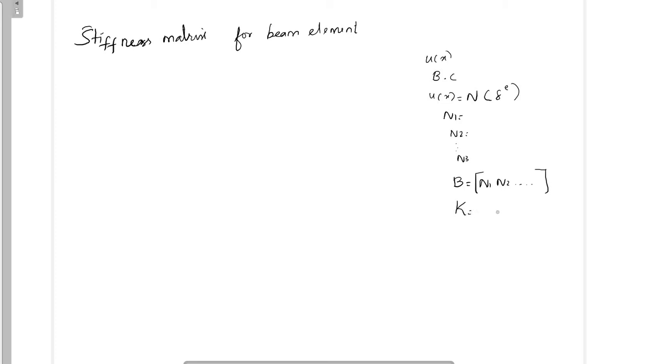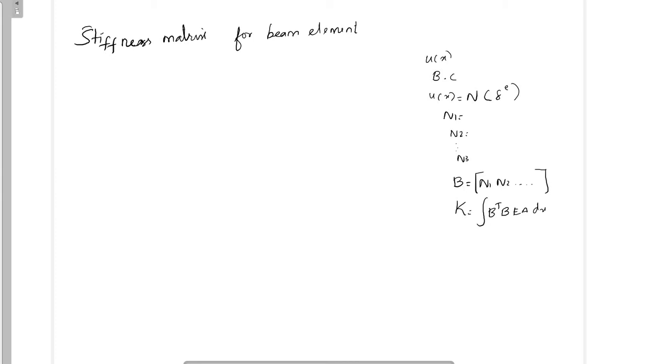And finally, to evaluate the stiffness matrix, we use the formula B transpose B EA into dx. For a unidirectional element, we use this formula. For a 2D element like a beam, we can use some boundary conditions to get the stiffness matrix value.